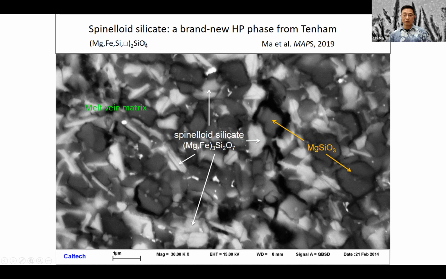So here is the structural formula supported by the structural refinement by synchrotron diffraction. So we have an excess silicon in the Mg site with some vacancy. So this sphenoid silicate actually is a brand new to science high pressure phase.